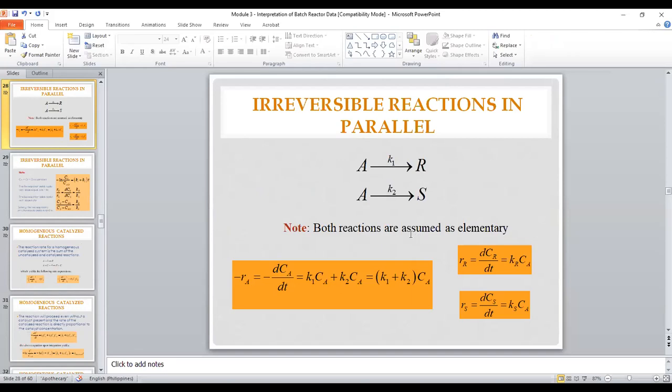So in this case, the formation of R from A and the formation of S from A as well happen simultaneously. So we have to write the net rate equation in this manner.